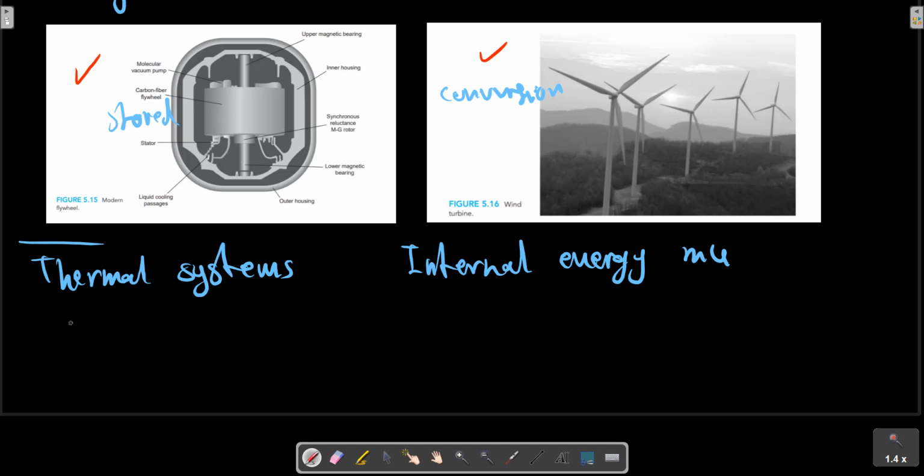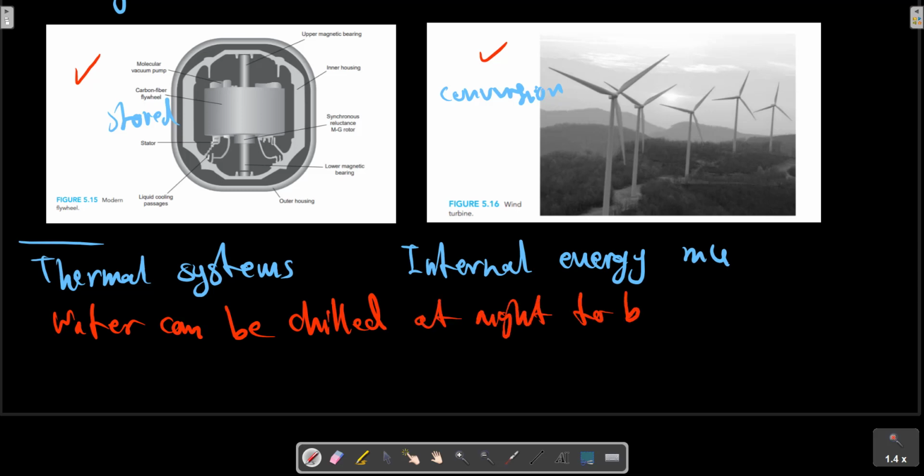Water can be chilled at night to be used, for example, the next day for the air conditioning process.